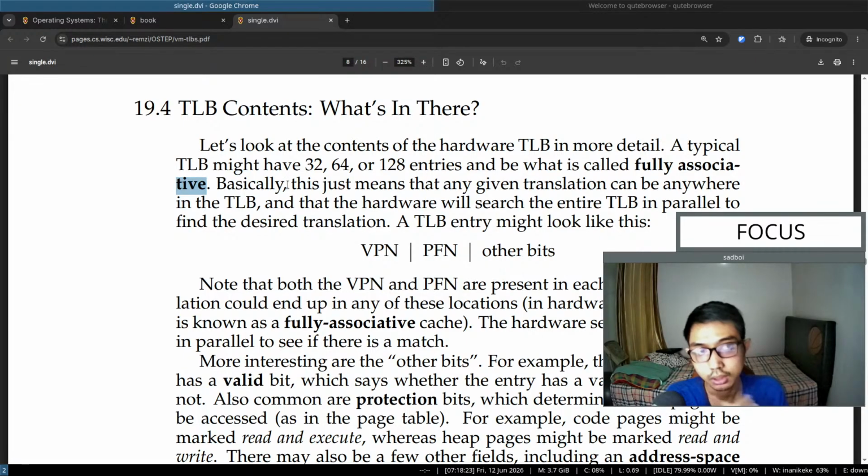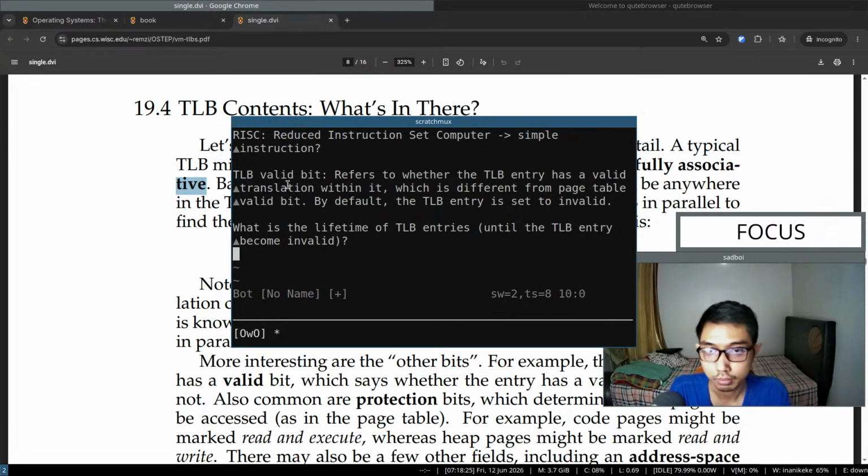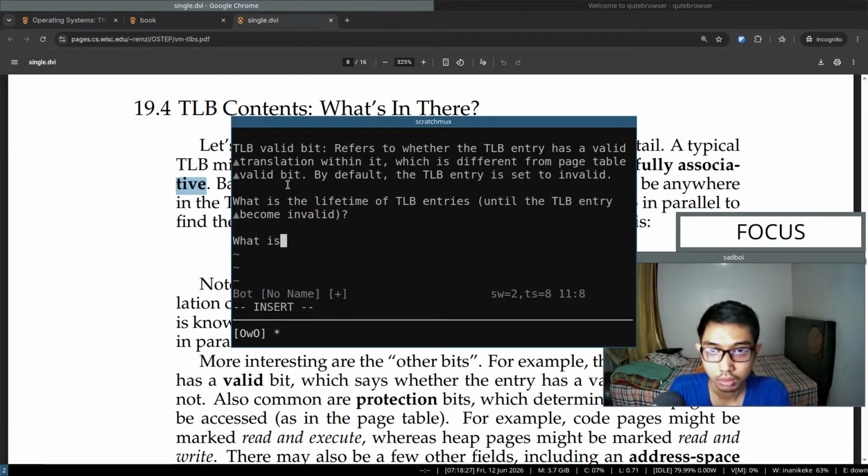Okay, what does it mean? Fully associative means, from the TLB contains what's in there.